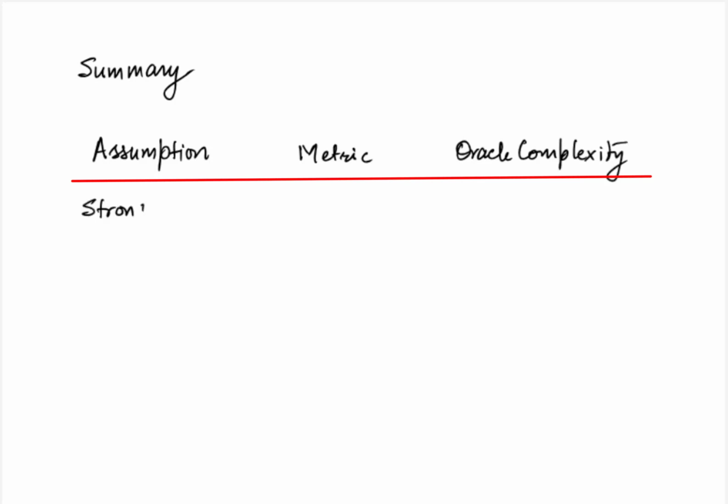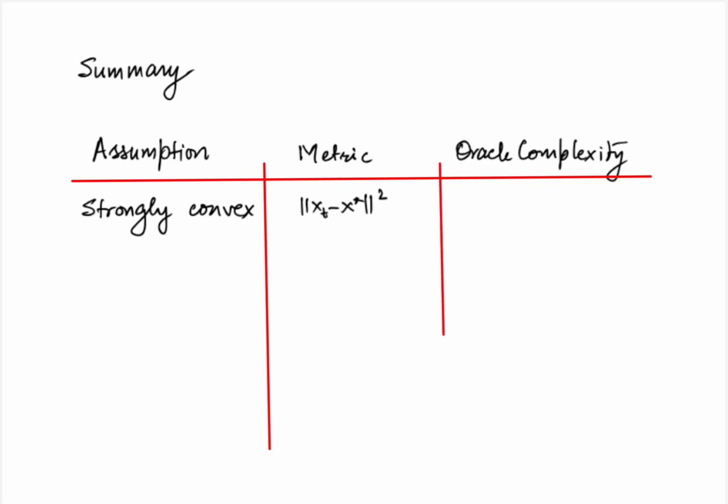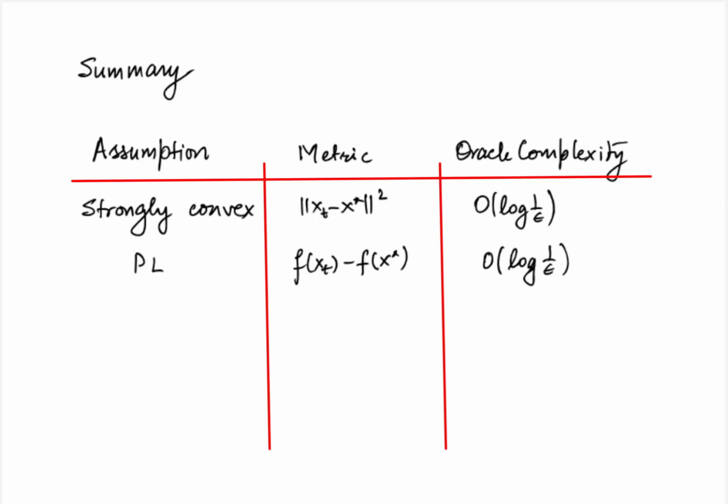We have seen the strongly convex functions for which we use the squared distance from the optimum as the metric and the oracle complexity was order of log 1 over epsilon. Then we saw functions satisfying PL inequality, which is weaker than strong convexity, using optimality gap as the metric and still achieving the order log 1 over epsilon oracle complexity.